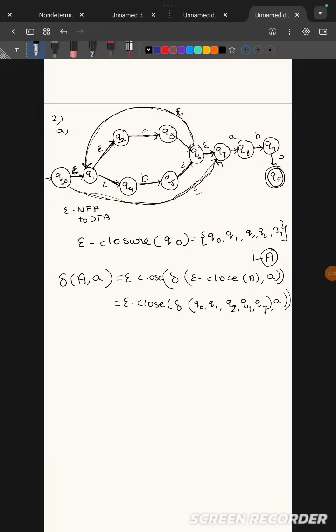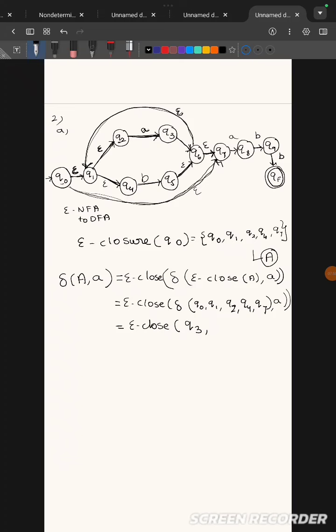So if you see, Q0 doesn't have any transition on a, Q1 doesn't have any transition on a, Q2 is having a transition, right? Q2 goes to Q3 on reading a over here. So we will write Q3 over here.